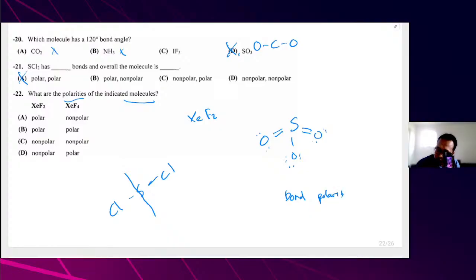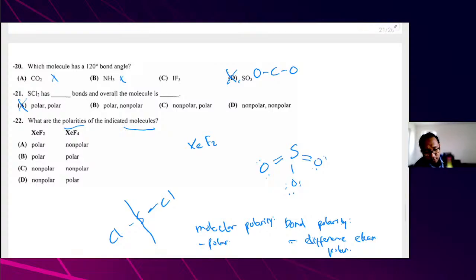So bond polarity, as long as there is a difference in electronegativity, it will be polar, right? So molecular polarity is different again. It will be polar if it has a dipole, okay, the dipole not canceling out.